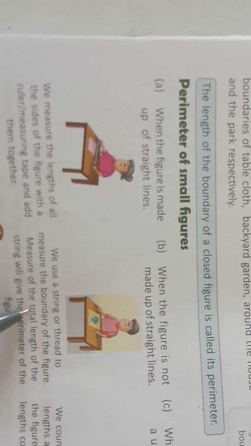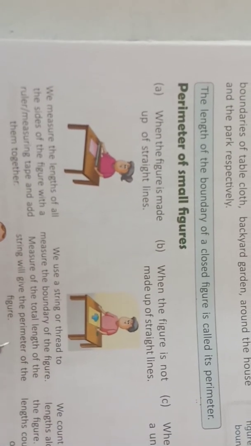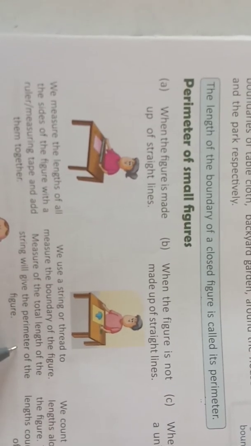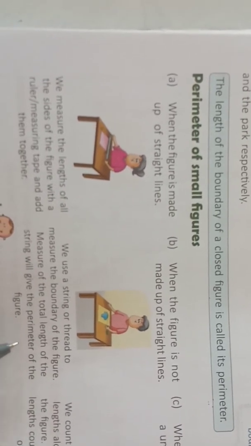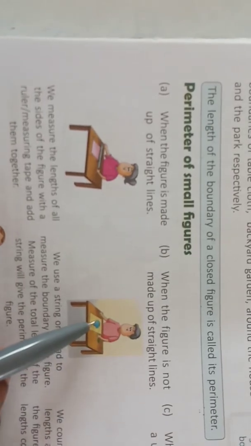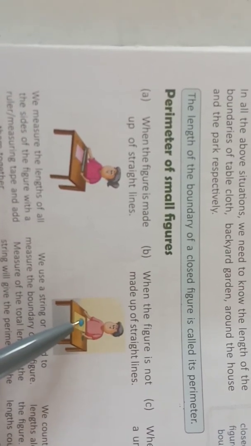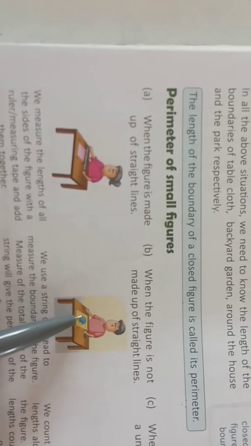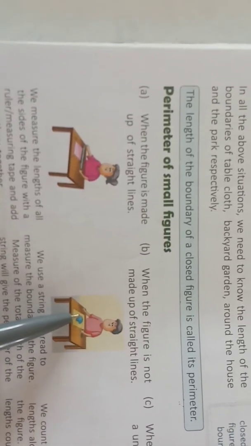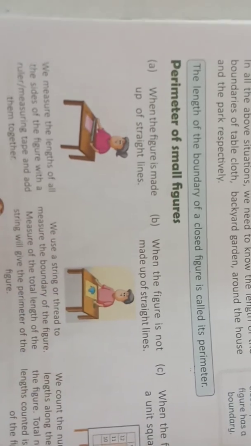Now measure the total length of the string and it will give us the perimeter of the figure. You start from one point and put the thread along its boundary, and when you reach the same point, you cut the thread and measure the length of the thread using your scale.